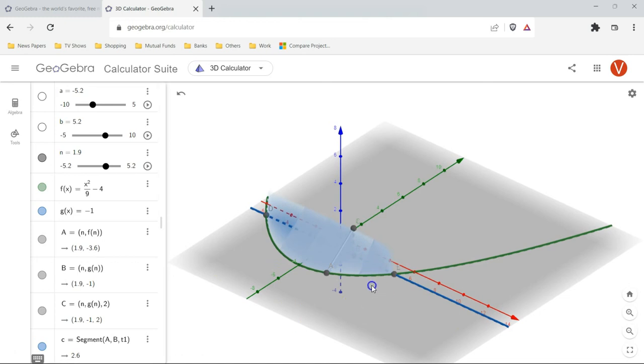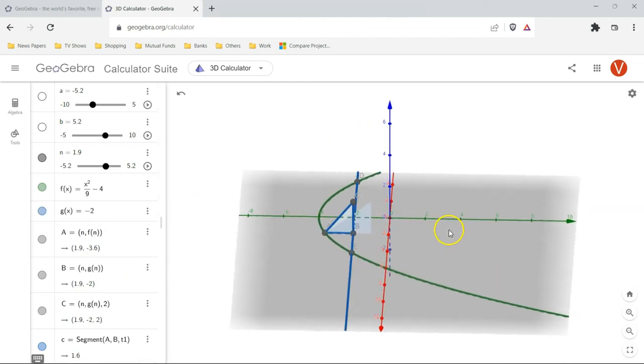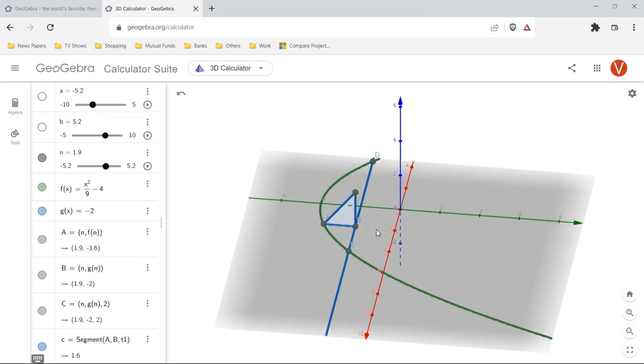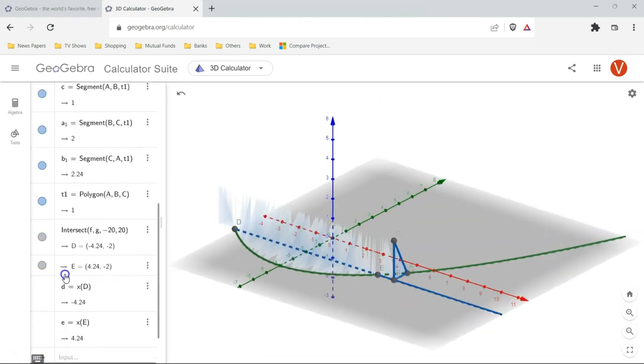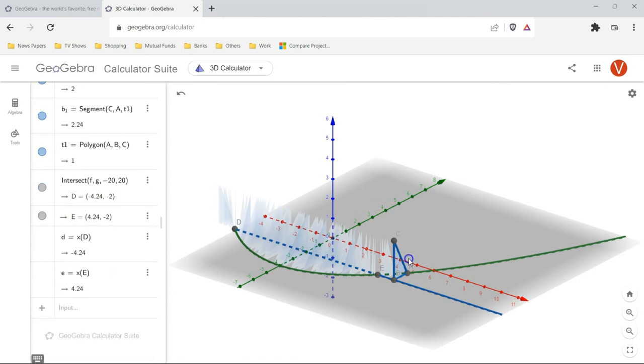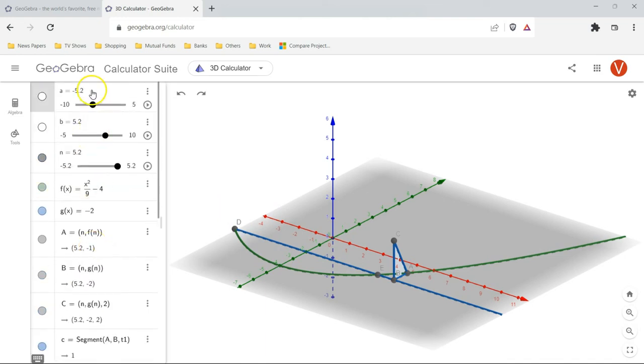Okay. So now let's see what happens if I change it to -2. See, automatically everything changes. Shadows are still there, so you just zoom in or zoom out, and again you try that. But now, if you notice, here it is going beyond the intersection points, which we don't want, right? So again, look at the intersect points, x values, D and E, -4.24 and 4.24.